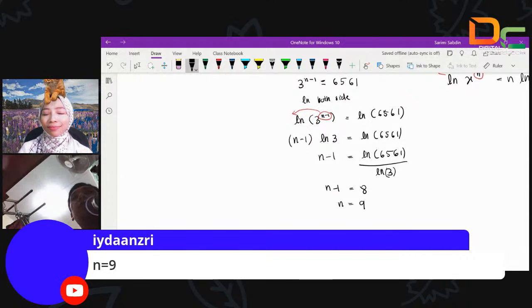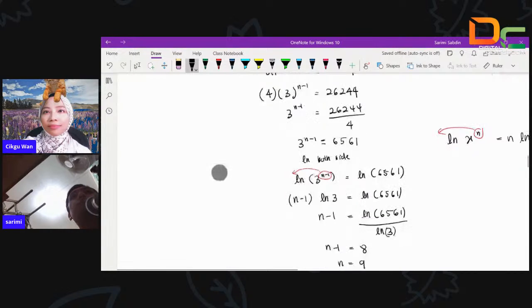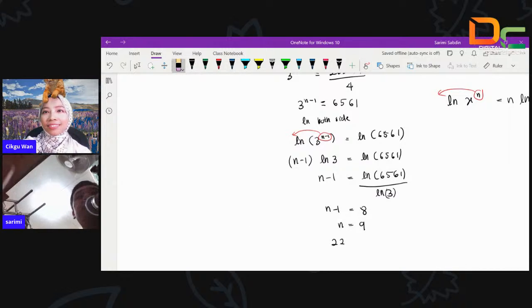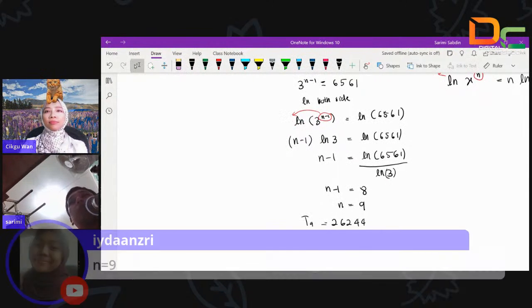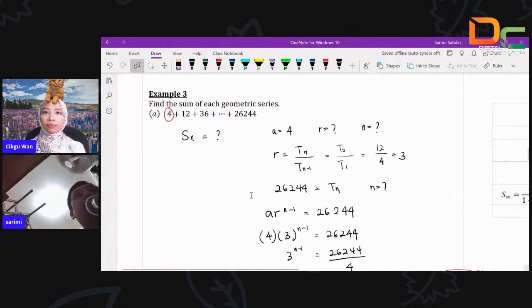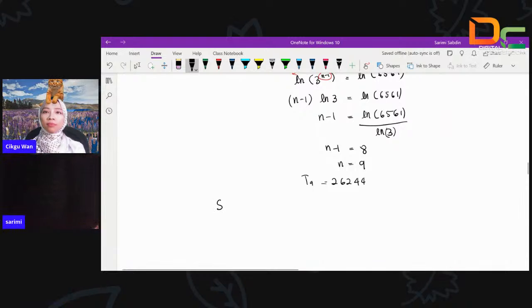So that means 26244 is the ninth term, T9. Jadi maksudnya kita punya Sn yang kita nak cari tu adalah S9, sebab the last term is the 9th term. So that means kalau tambah semua tu adalah S9.